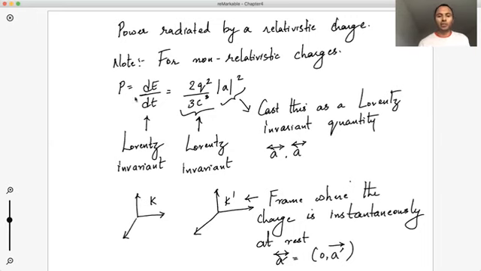So I just want to qualify this by saying that this becomes Lorentz invariant only if you have that symmetry in the radiation, such that the net momentum radiated is 0. If that is not 0, then this is not going to be Lorentz invariant. So don't take this as a given axiom that power is always Lorentz invariant. That's not true. It actually depends on the angular pattern of radiation, whether power is Lorentz invariant.